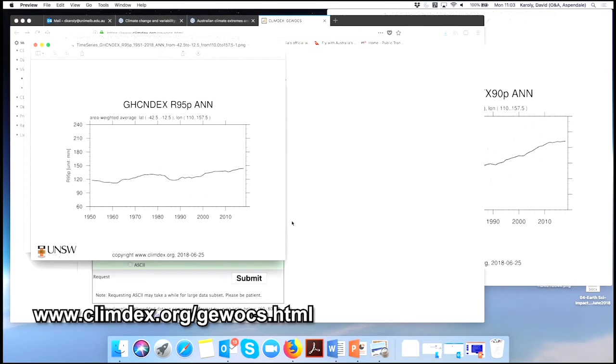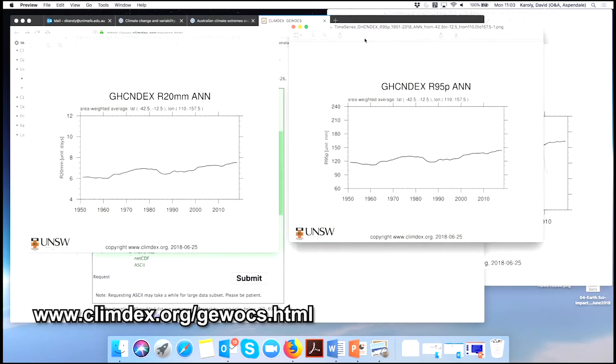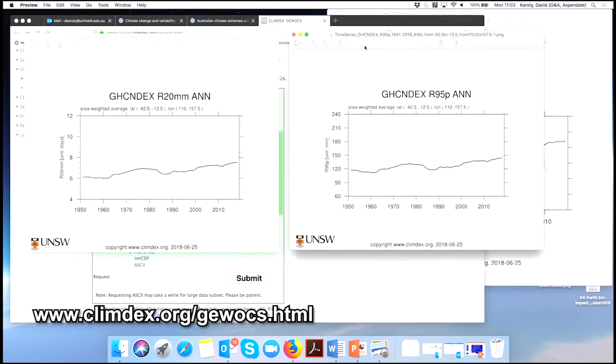They're roughly the same, this one and this one, but they are not the same metric. This is the amount of rain in the total rainfall that comes from rain days above the 95th percentile. In other words, the top 5% of daily rain days in a year.